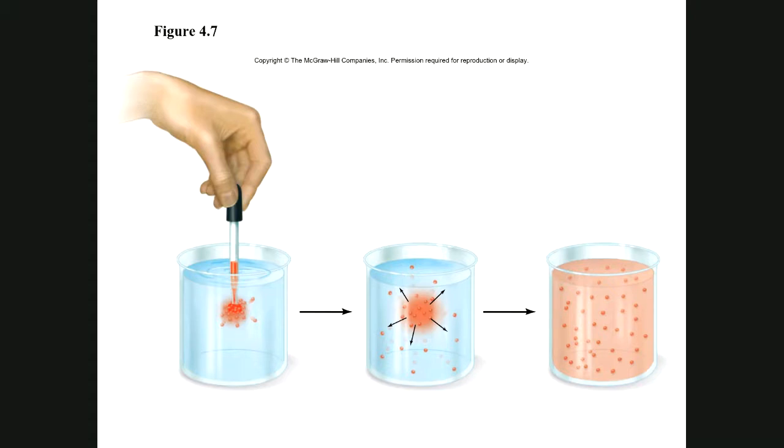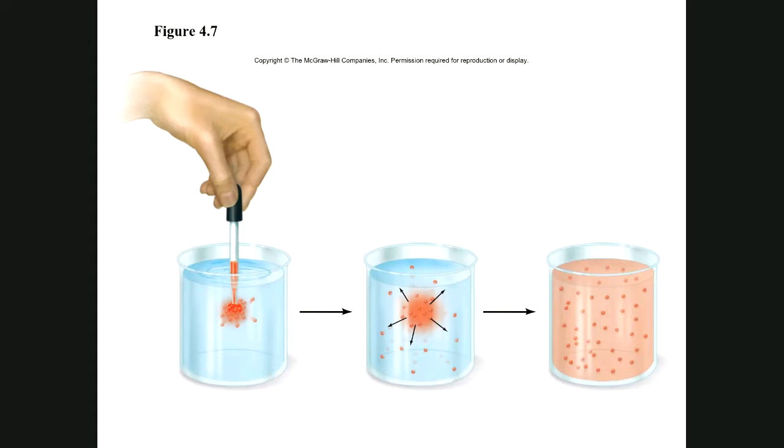Okay. There are three types of passive transport across the plasma membrane: simple diffusion, facilitated diffusion, and osmosis. All of these are various types of diffusion, and diffusion can be defined as the movement of molecules or ions from an area where they are high in concentration to an area where they are low in concentration.